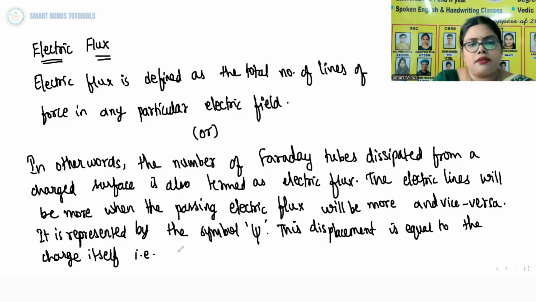That is, flux is nothing but displacement, that is equal to charge. Charge is denoted by Q and flux is denoted by Xi. Hence, it is measured in Coulomb because unit of charge is Coulomb. So that's why flux unit is also Coulomb.